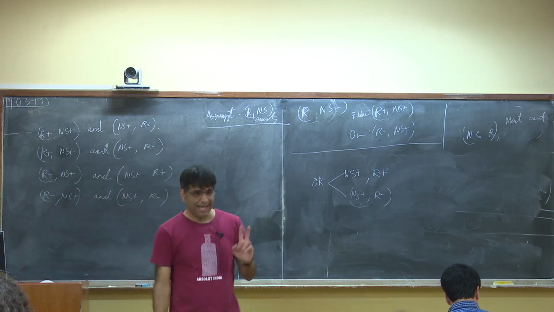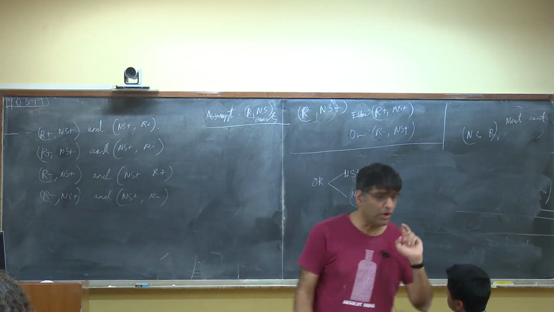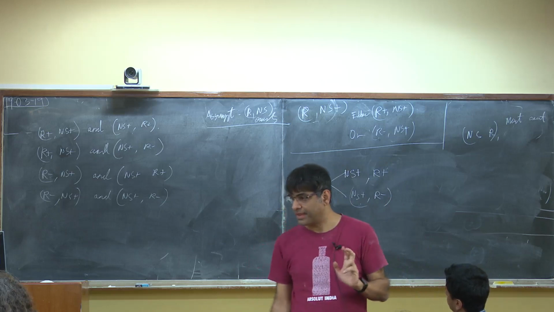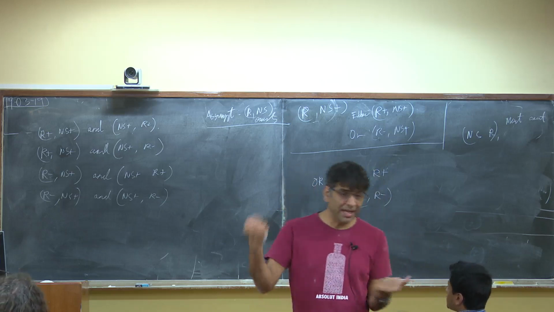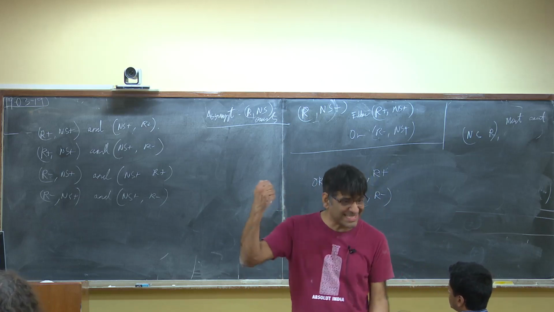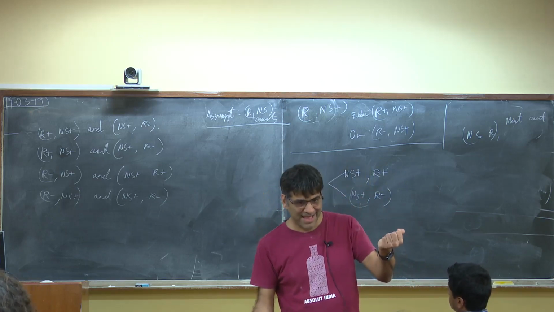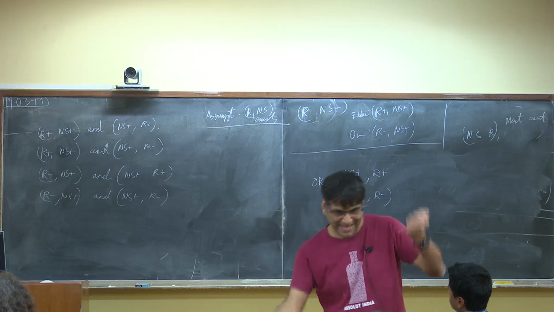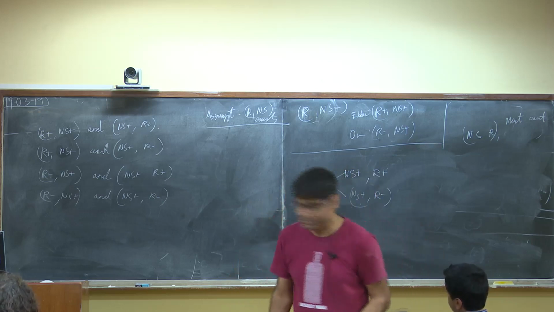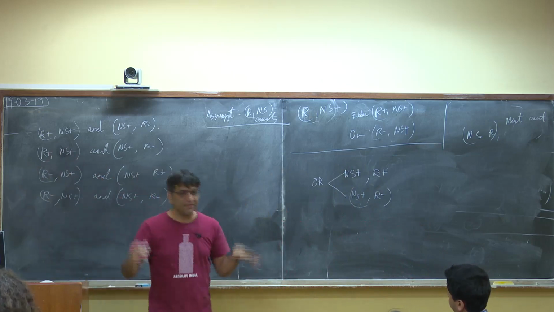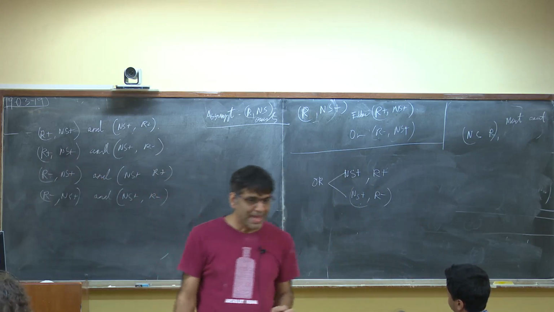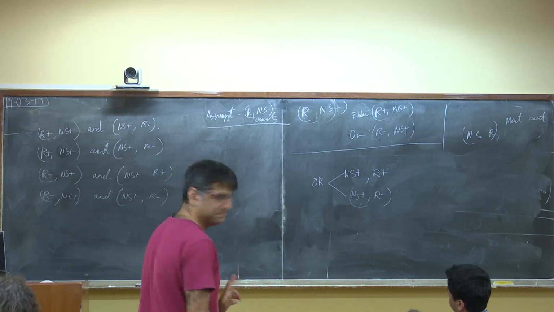So the full content, we've completely characterized the possibilities in which one sector is R and the other sector is NS. The paths where one sector is R and the other sector is NS cannot have anything more than this.